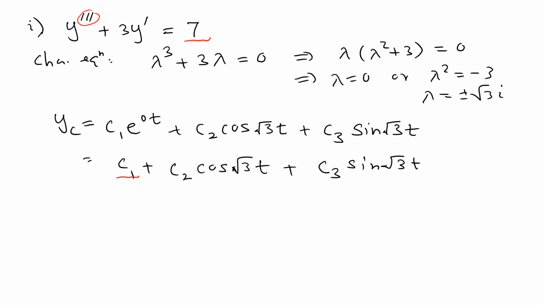You have to multiply by an extra t. In this case the correct yp is going to be a times t. You have to multiply by an extra independent variable t to get a linearly independent term. So that's the right form of yp. So let's look at the next one.